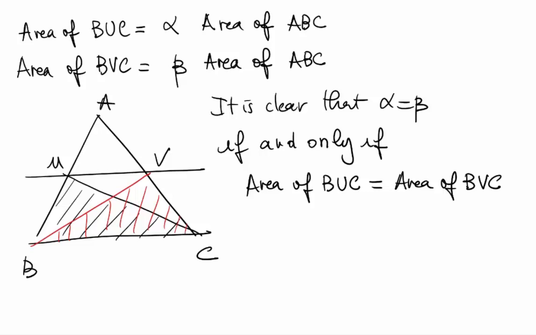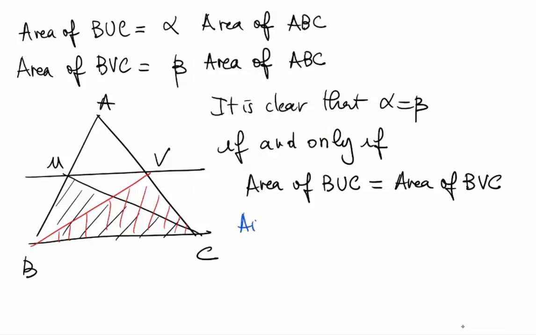So we really need to show that this equality of area holds if and only if UV is equal to BC. So we are reformulating again the problem into another biconditional statement. And this new biconditional statement, so far we have shown that the problem as stated is equivalent to showing that the area of BUC, so let me write this down here.